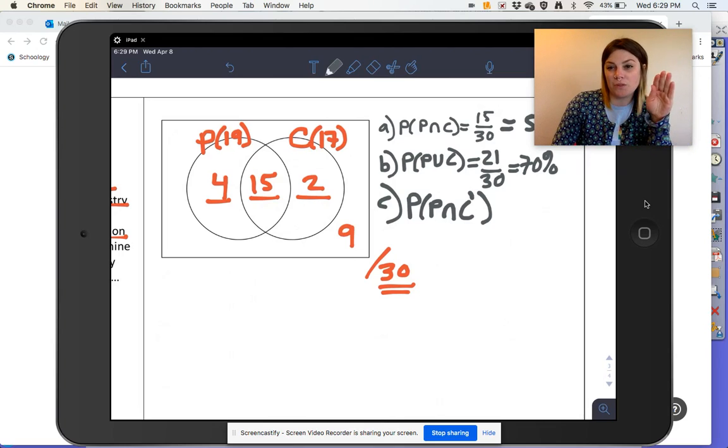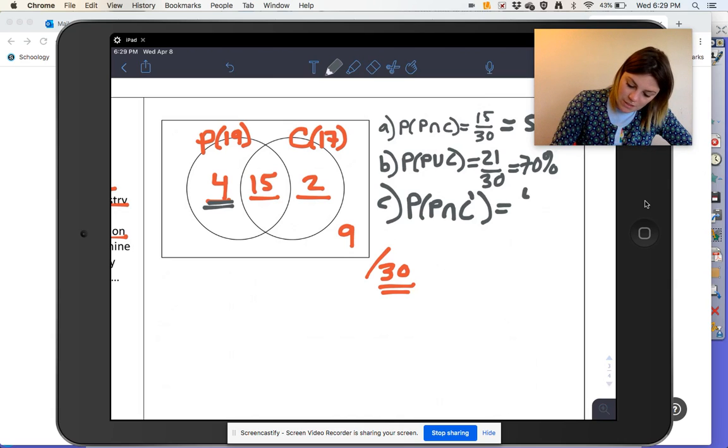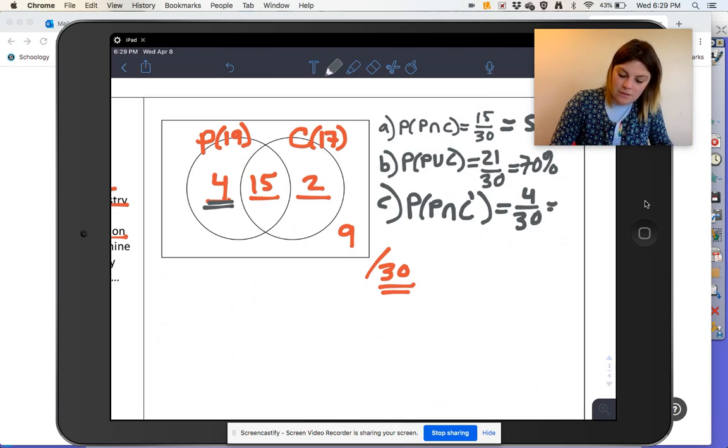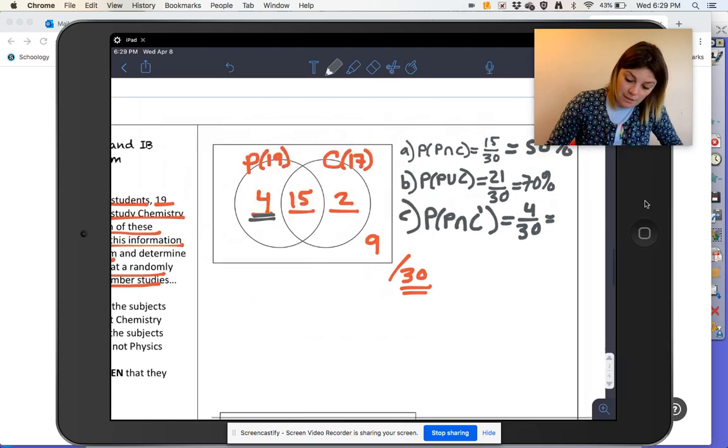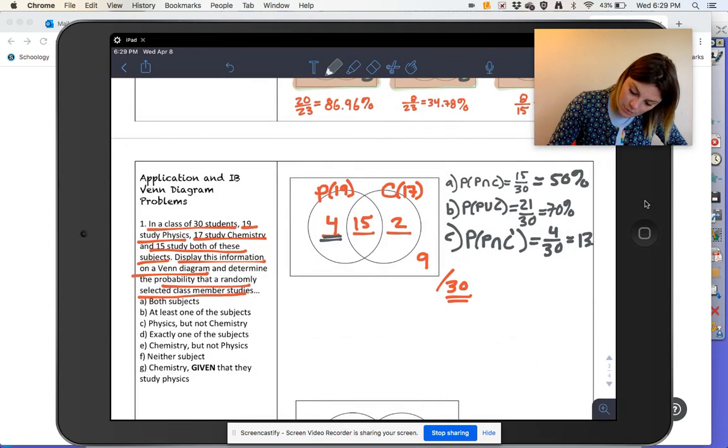It has to be both physics and not chemistry. In the picture, it's a little more clear. Physics, but not chemistry. That's these 4 people out here. So it's going to be 4 out of 30. This one I don't think I can do in my head. It is 13.33%. Squish in the corner over there.